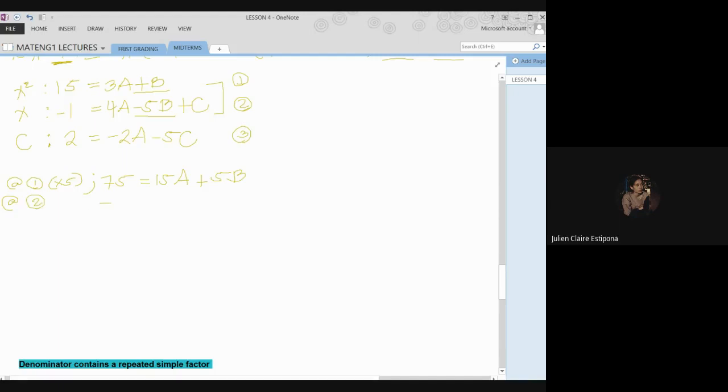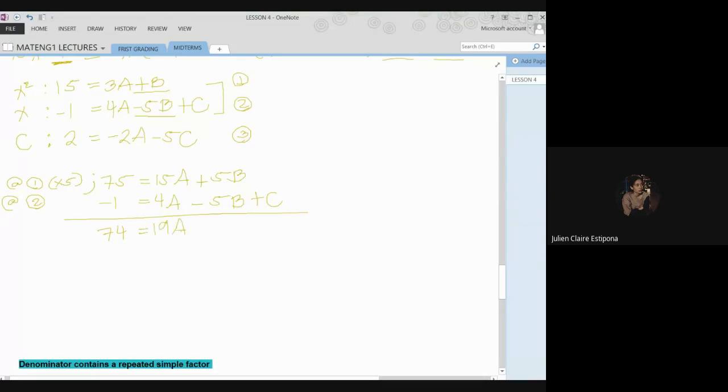That is negative 1 is equal to 4a minus 5b plus c, so we can cancel already b there, no? And then if we add, 75 minus 1, that is 74, is equal to 15a plus 4a, that is 19a.